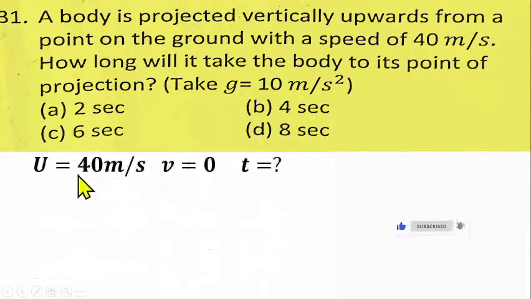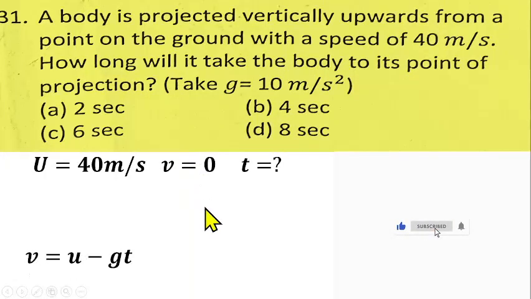Of course, you are given the initial velocity to be 40 meters per second. Final velocity will be 0, because the body is projected vertically upward, so at the maximum height, before it starts coming down, the final velocity will be 0. Then t is what you are looking for, the time taken.